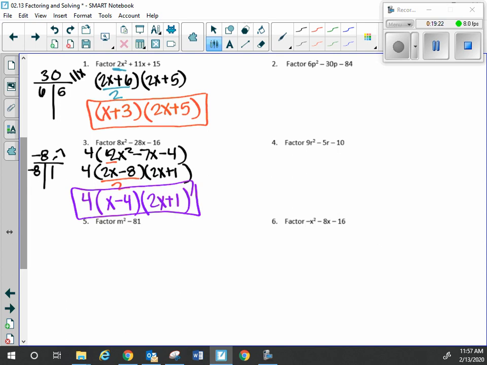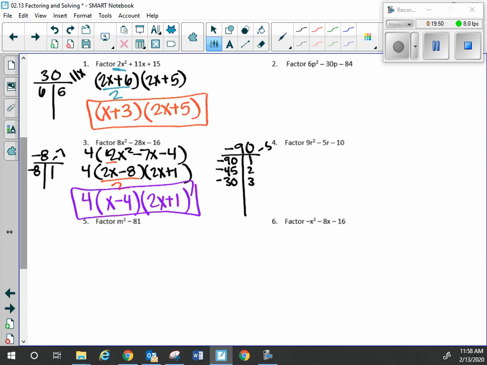Alright, let's look at number 4, and then I'll let you guys go off on your own. Can I factor out a GCF? Nope. a times c is -90. -90 that has a sum of -5? -90 and 1? Nope. -45 and 2? Nope. -30 and 3? Nope.